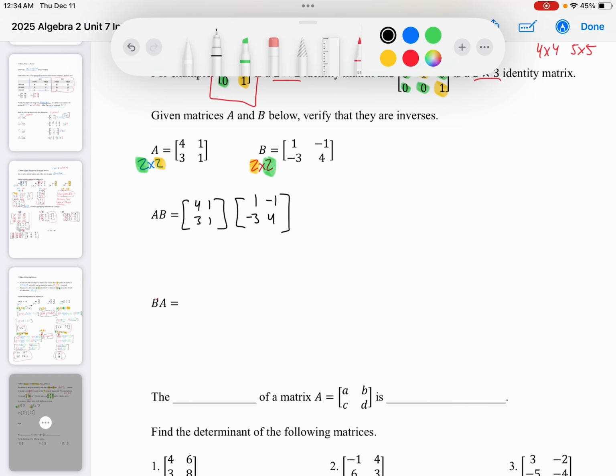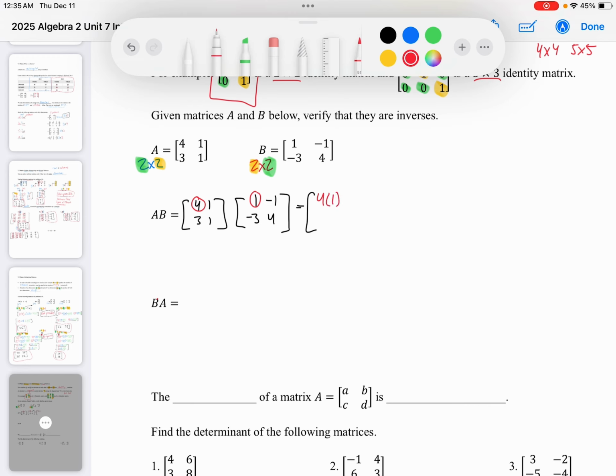As we are multiplying these together, we will start with the 4 from matrix A, because we'll be multiplying the first row from matrix A times the column from matrix B. So this will be the 4 times this 1 first.